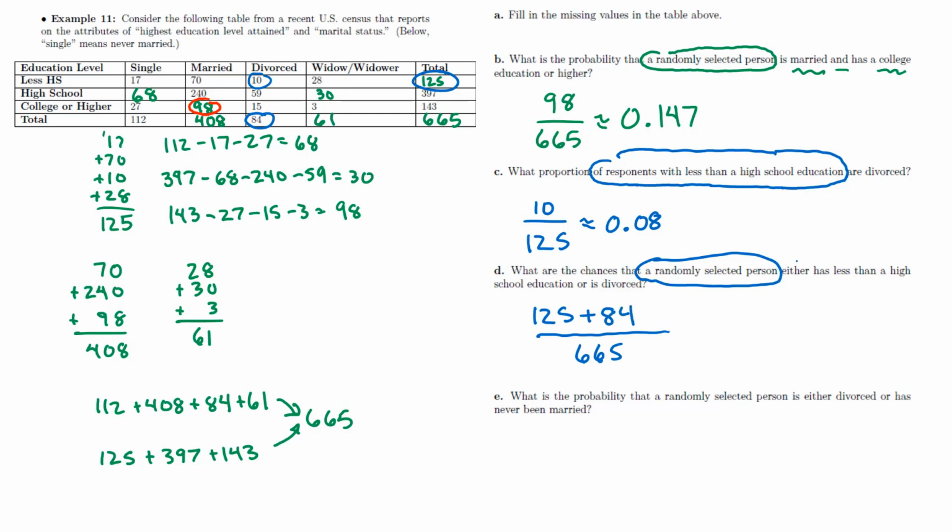Okay, anytime we see this or, and we're adding groups together, we better make sure we haven't double counted anybody. So we have to ask ourselves, when we had the less than high school education raise their hand, and 125 people's hands went up, and then we asked the people who were divorced to raise their hand, and 84 people's hands went up, was there anyone who raised their hand twice?